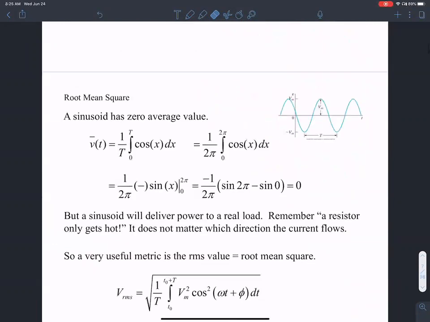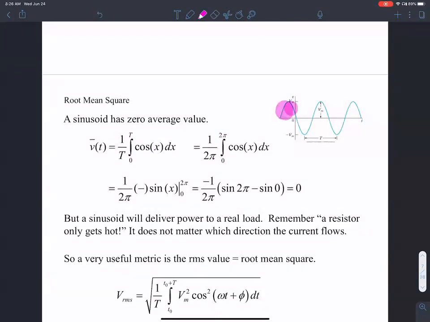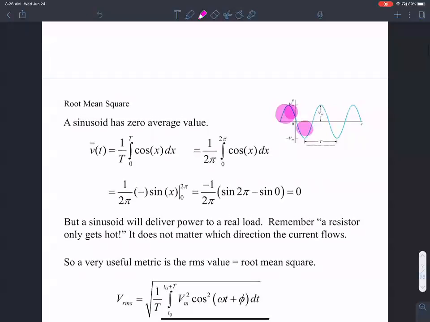Now, a sinusoid has a 0 average value. If we were to average the area under the curve, if we find the continuous sum and average it over time, which is what an integral is, then the positive half wave cancels the negative half wave.